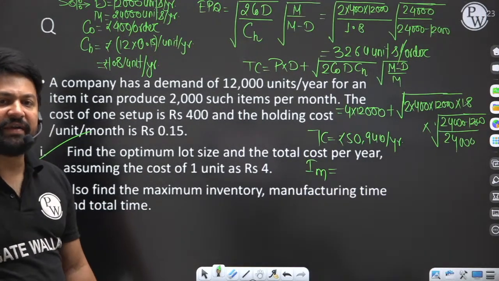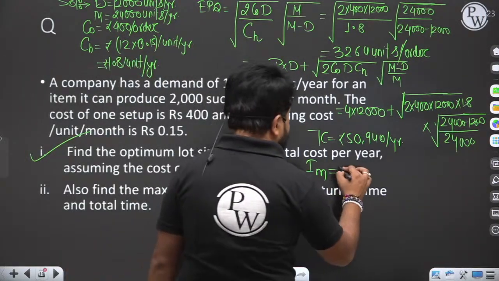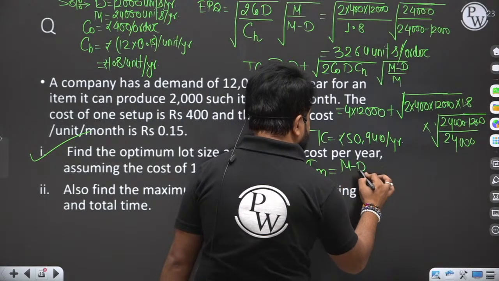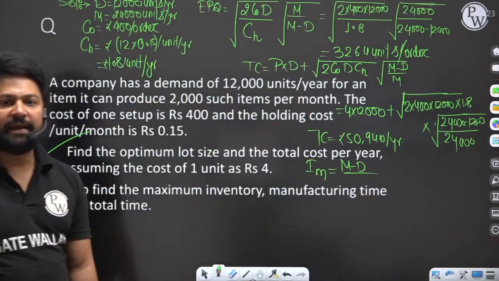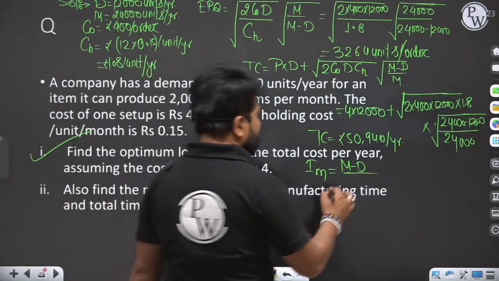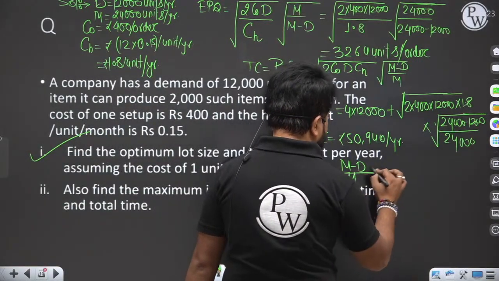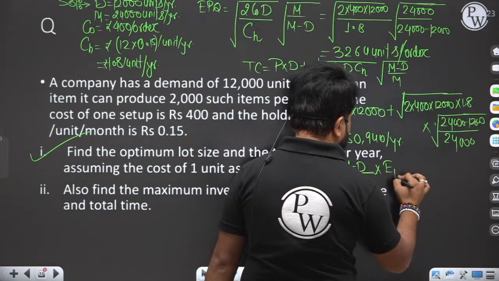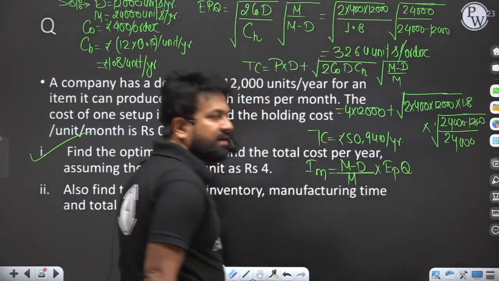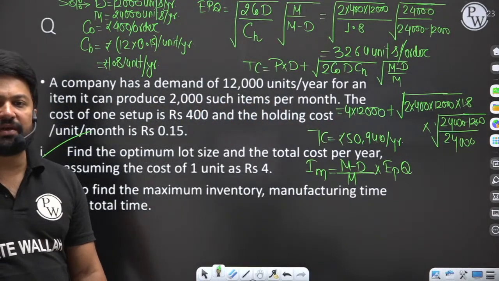So the maximum inventory is what? IMAX is (M minus D) divided by M, into the economic production quantity. Remember, economic production quantity.